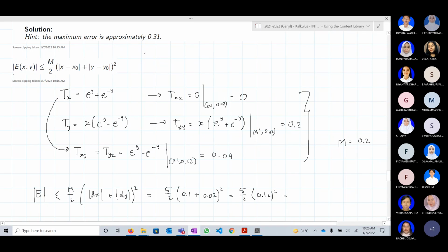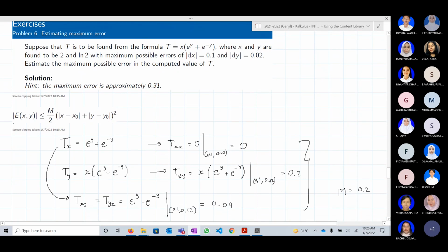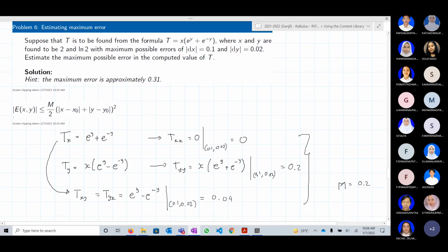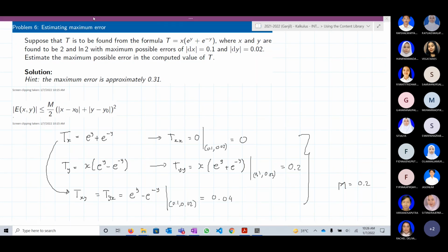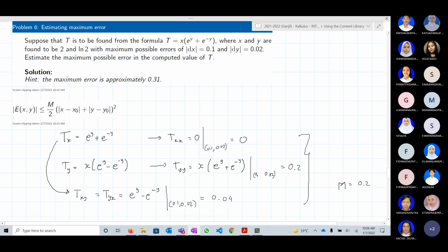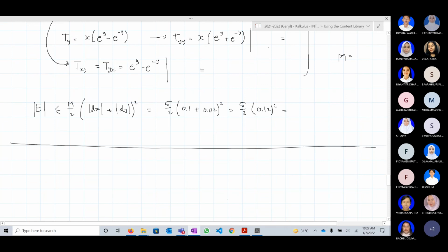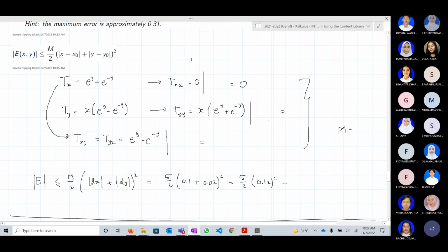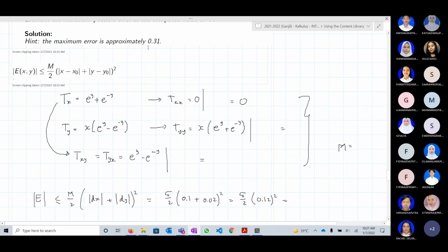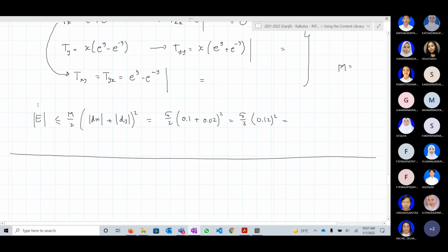And well, let me check it later. Yeah, I think I made a mistake somewhere. But the first guess supposed to be correct. Well, anyway, if any one of you find that this maximum error is 0.31, then that should be fine. Yeah. Any question?